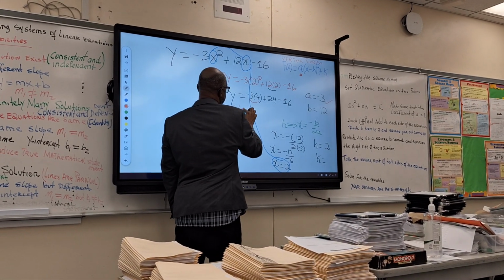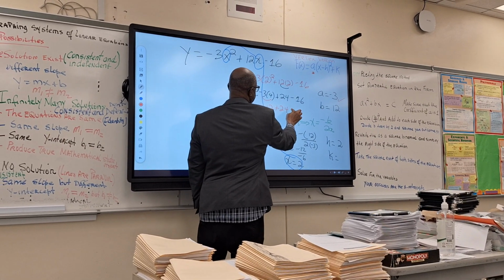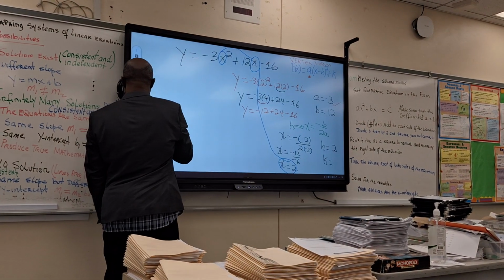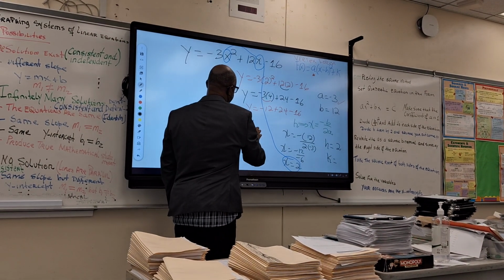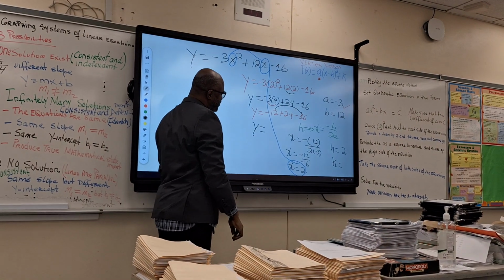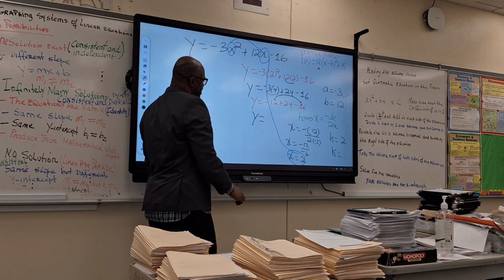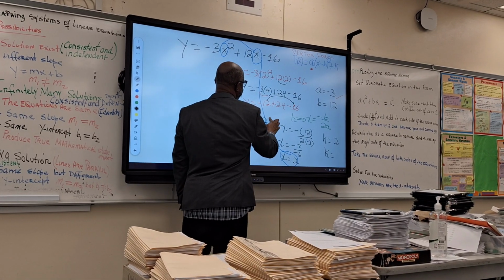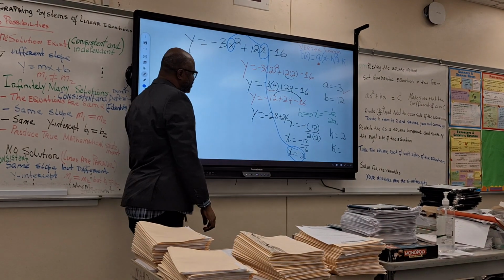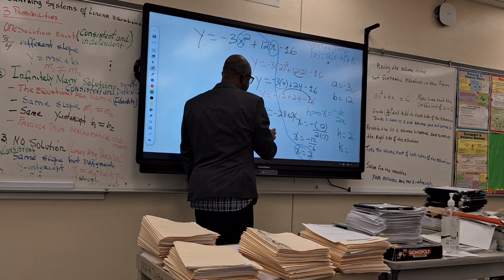You have y is equal to negative 12 plus 24 minus 16. Those can be combined. Negative 12 and negative 16 give negative 28. What is negative 28 plus 24? Negative 4. Y is negative 4.